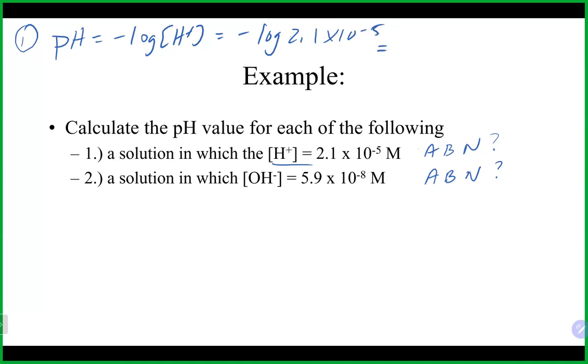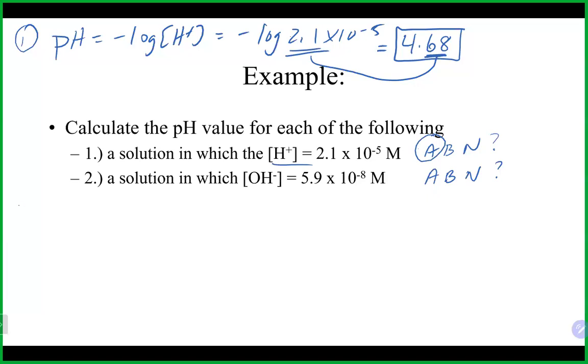Again, punching that into your calculator correctly, hopefully, is going to give us a 4.68 pH. Once again, 2 significant figures, 2 decimal places coming out here. Is it acidic, basic, or neutral? This one is going to be acidic as it is less than 7. Any questions on that one there?